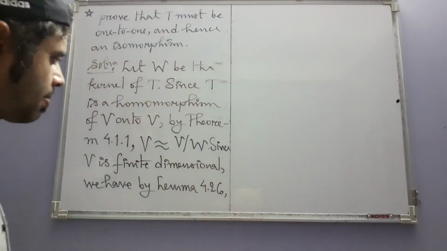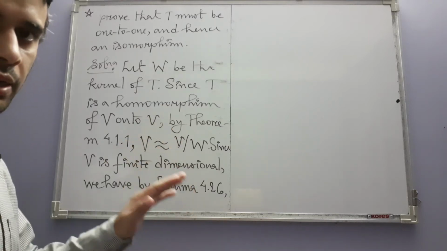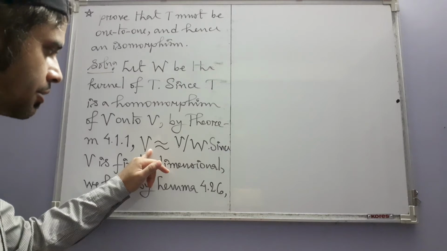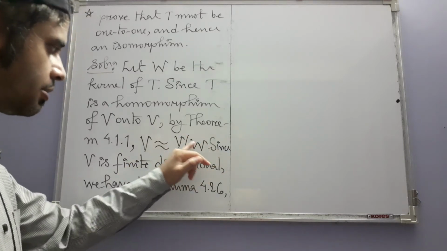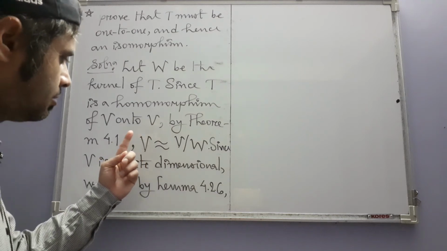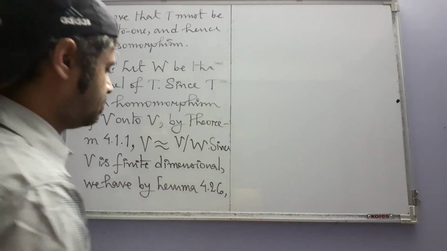First of all, we use the fact that these two are isomorphic. Because V is finite dimensional, this quotient space will also be naturally finite dimensional, and because of this isomorphism, they have the same dimension.